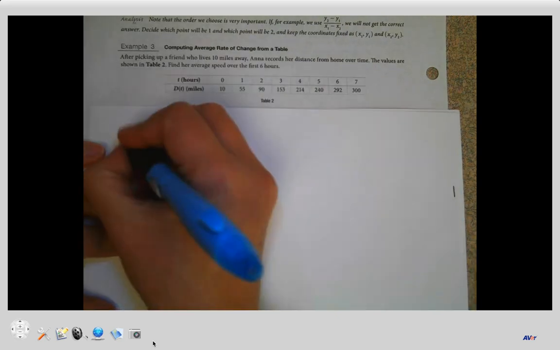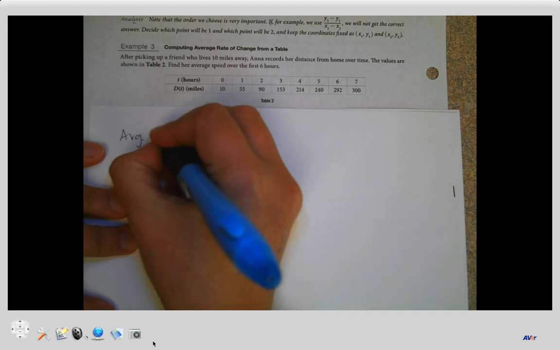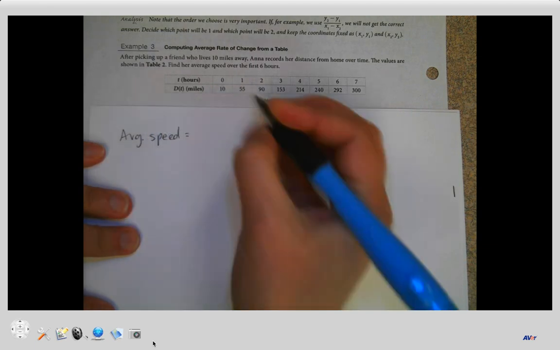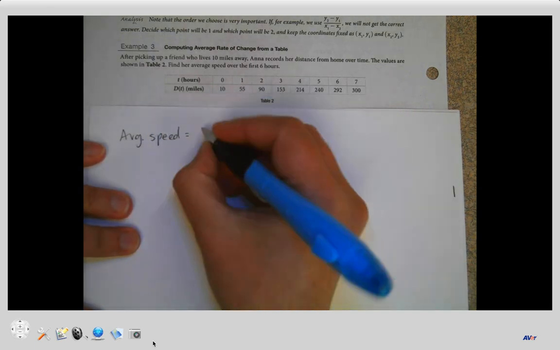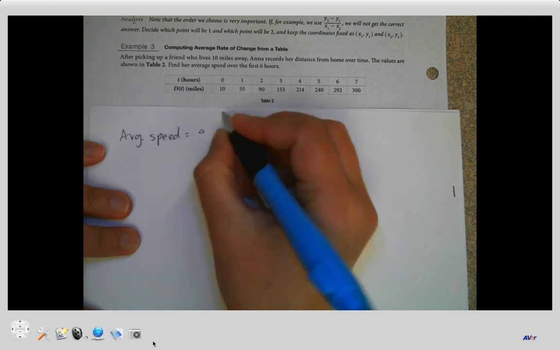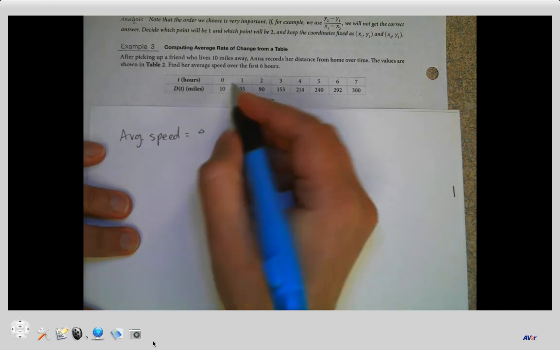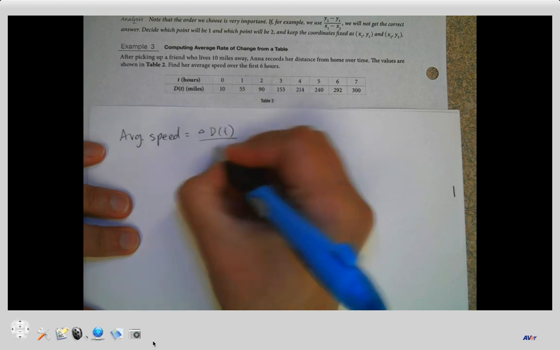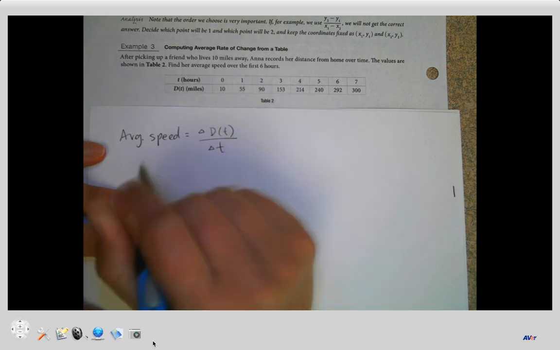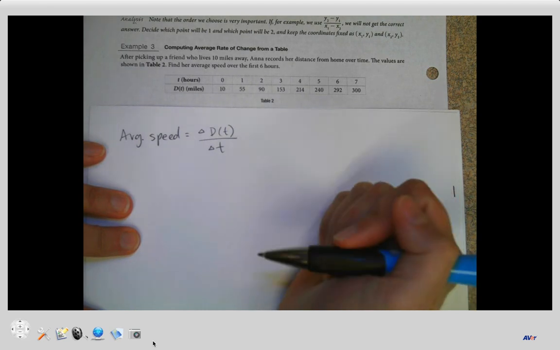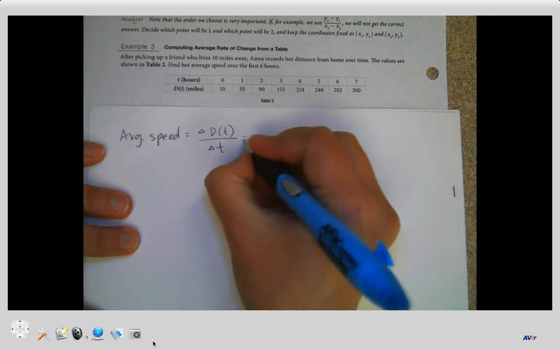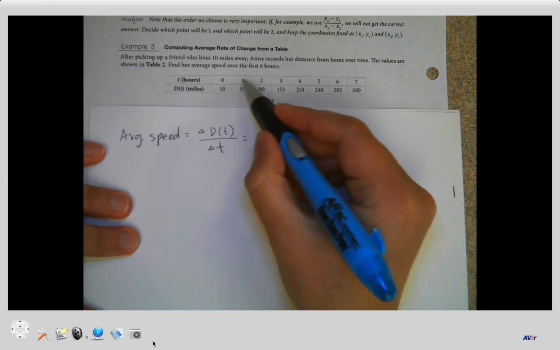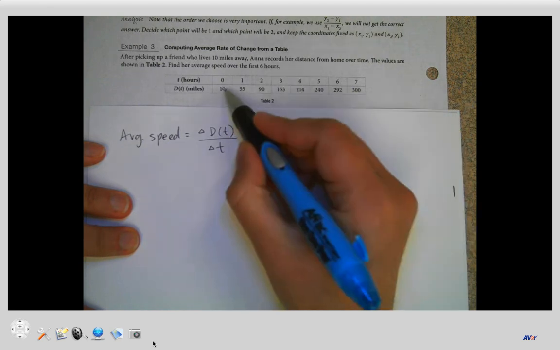Okay, so her average speed is going to be, let's write it this way, delta on top. It's going to be the change in output value, so the delta in d of t over delta t. The change in distance over the change in time. The first 6 hours goes from 0 to 6.